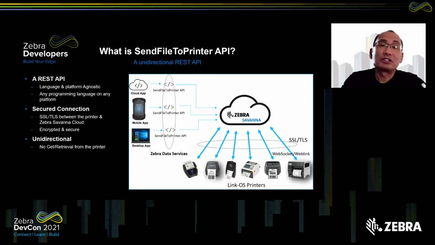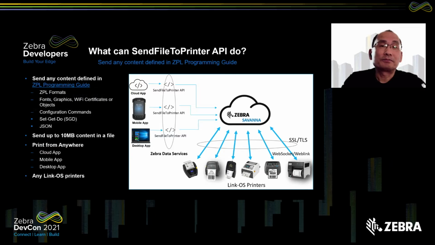And the connection, as we said, is secured and encrypted, so you can rest assured your communication to the printers is secure. One last thing about this API is that it is unidirectional, which means you can only send the file to the printer. You are not able to retrieve status or get any response back from the printers through this API.